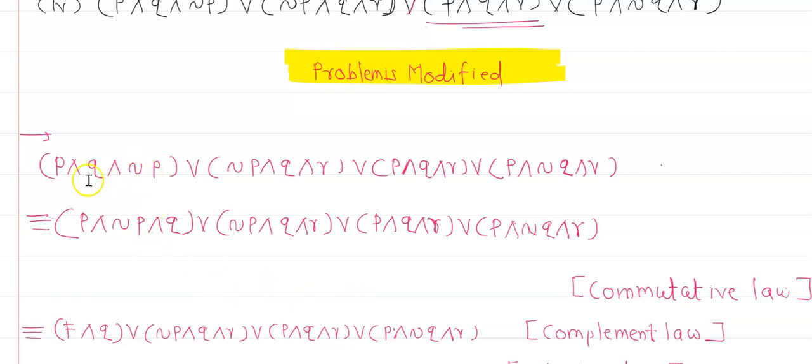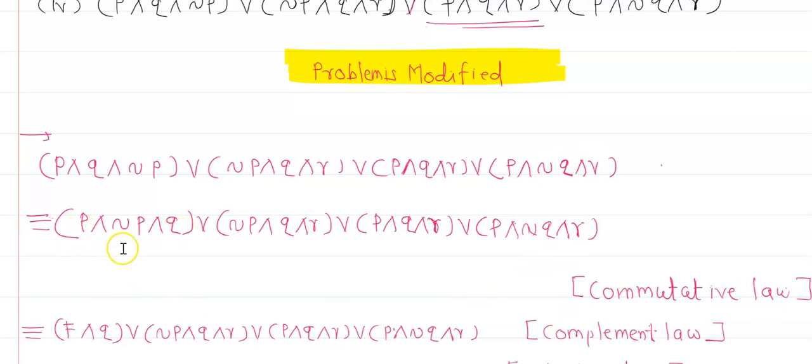First is P and negation of P and Q, negation of P and Q and R, or P and Q and R, or P and Q and R. That's the commutative law applied here.